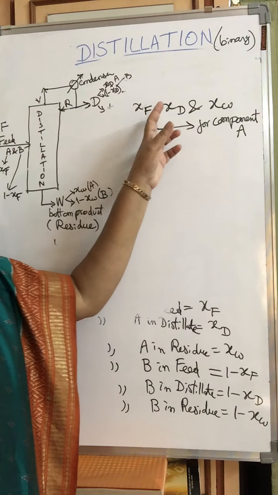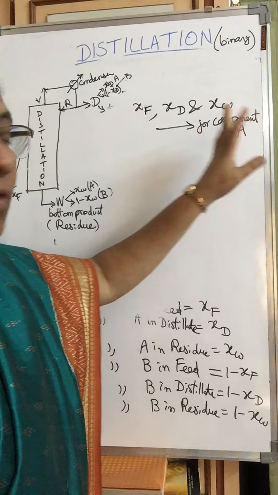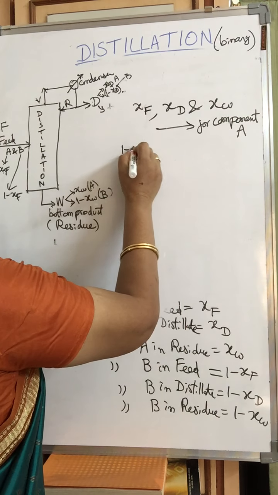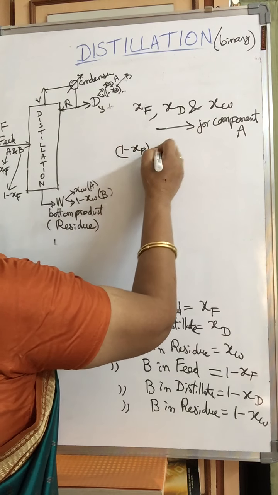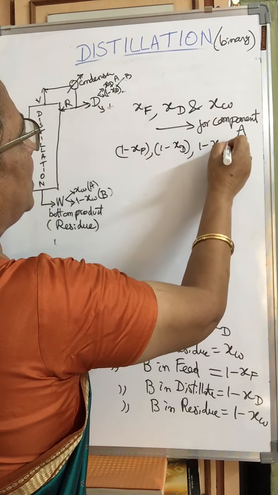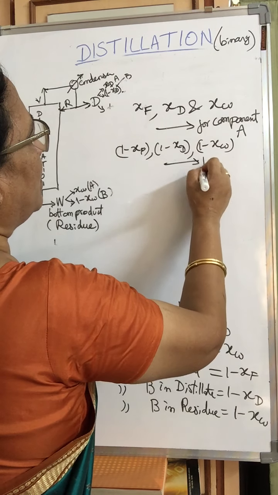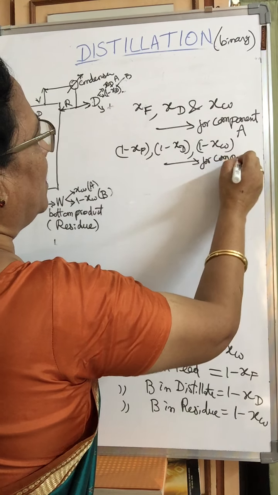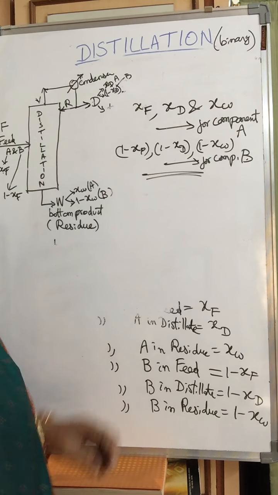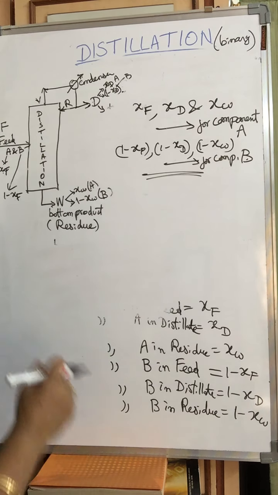Then naturally the other things, that is 1 minus XF, 1 minus XD and 1 minus XW, are for component B. Okay, this we need to use when we write the material balance.